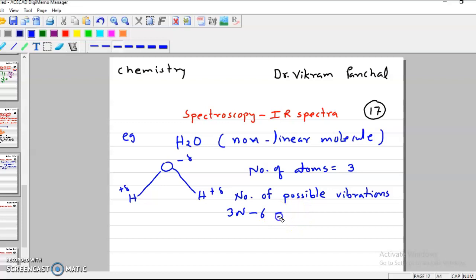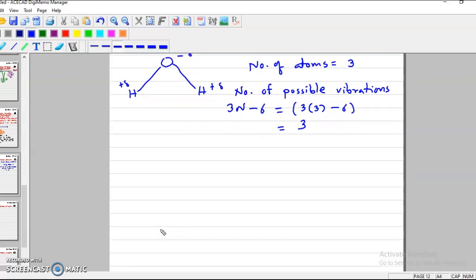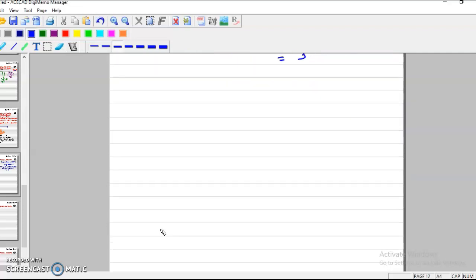Here n equals 3, so 3 into 3 minus 6 is 3. So there will be 3 types of vibrational motions in H2O.